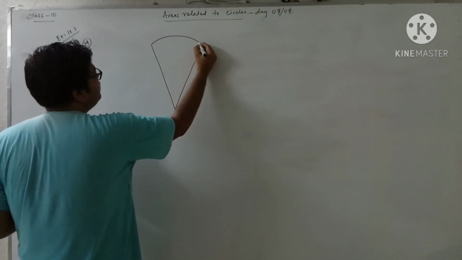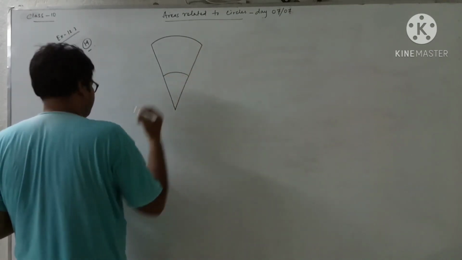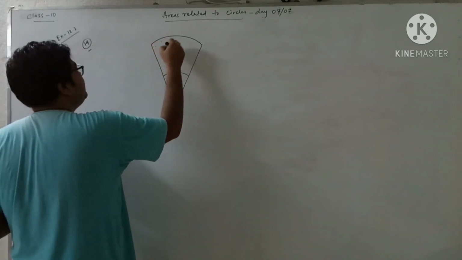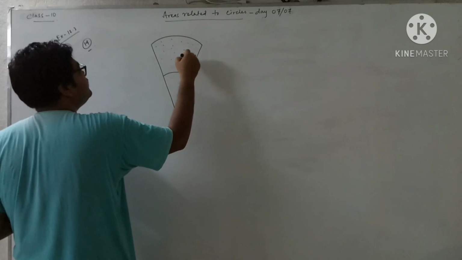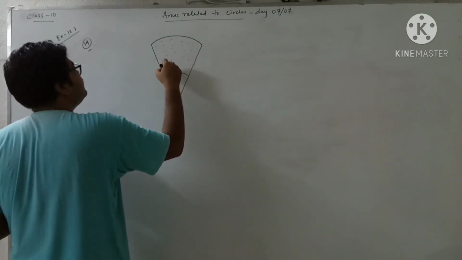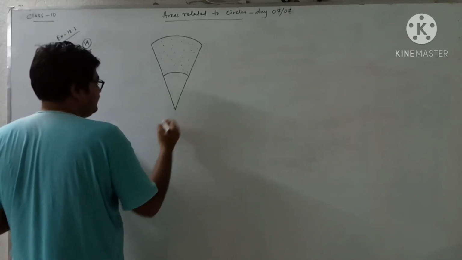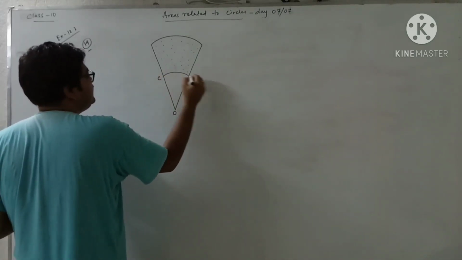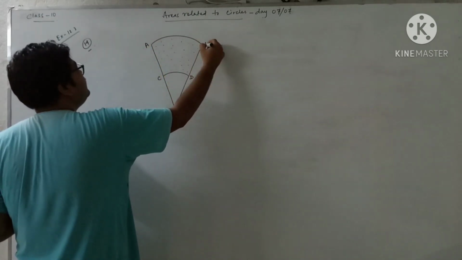Let's draw the diagram. We have to find out the area of the shaded region. O, C, D, A, B are given.